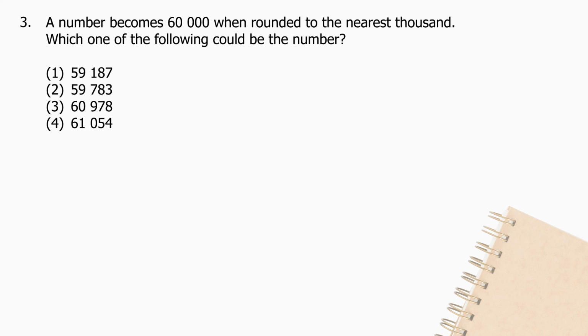Question 3. A number becomes 60,000 when rounded to the nearest thousand.